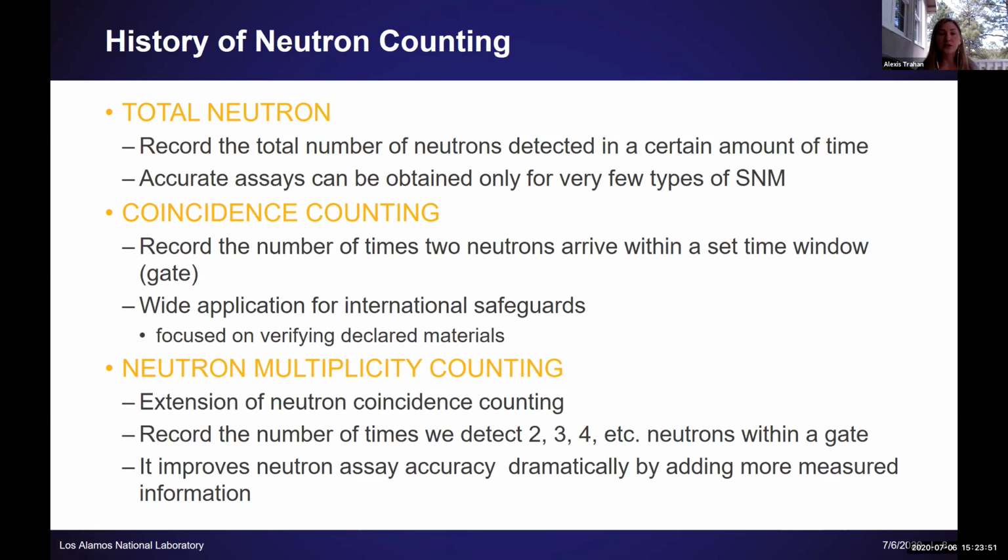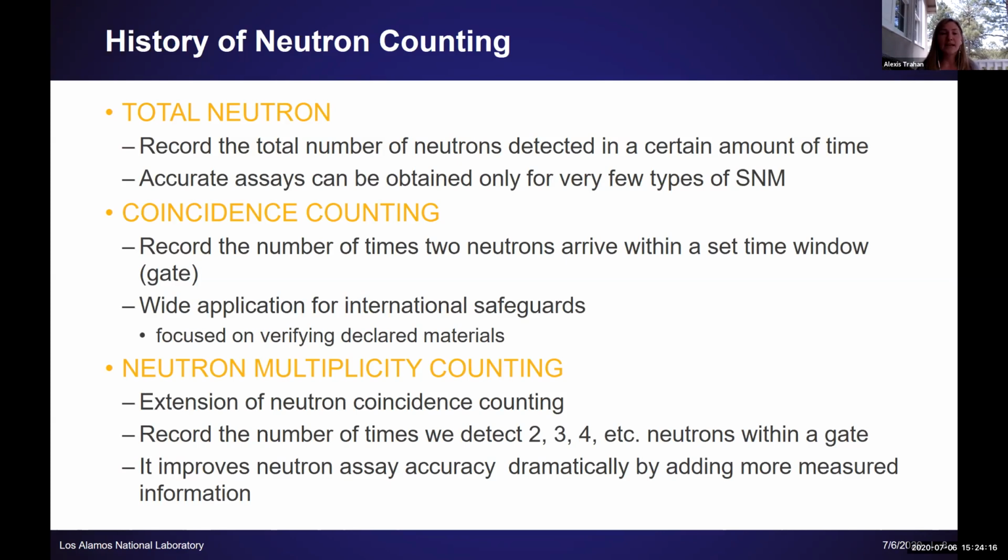Using this method, you can determine some characteristics of some nuclear materials, but it's not going to be all that accurate, and you're really limited to the types of materials you can look at.